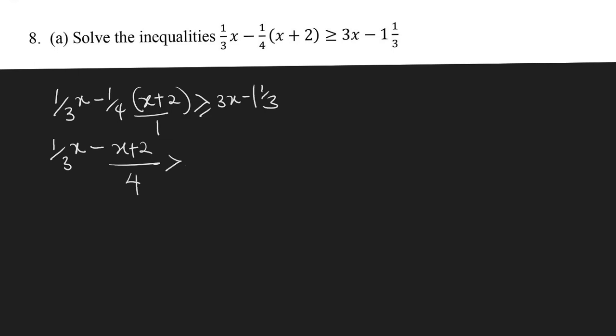Then we have greater or equal to 3x minus, and converting this to an improper fraction: 1 times 3 is 3, and 3 plus 1 is 4. So we're going to have 4 over 3. So what's the next thing? The next thing to do is to take the LCM of the denominators, since the denominators are different.